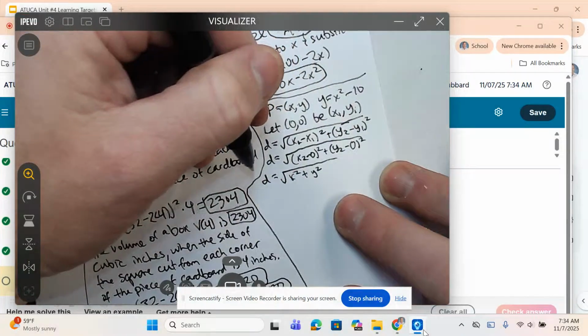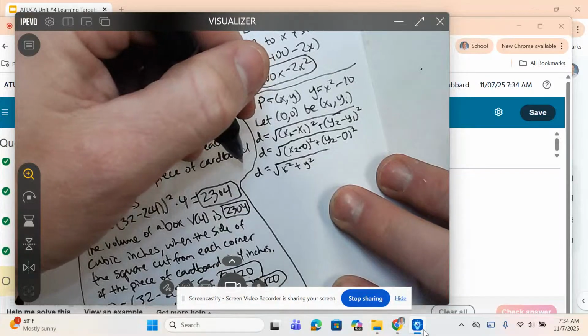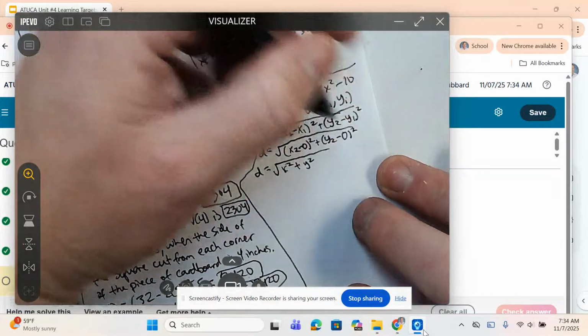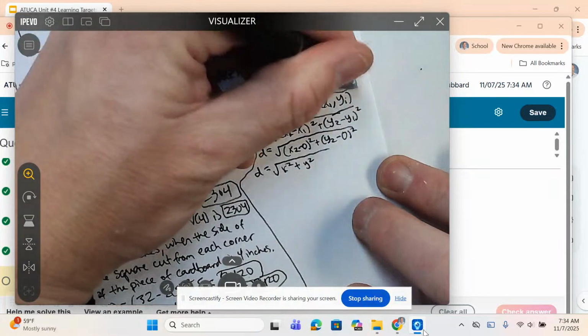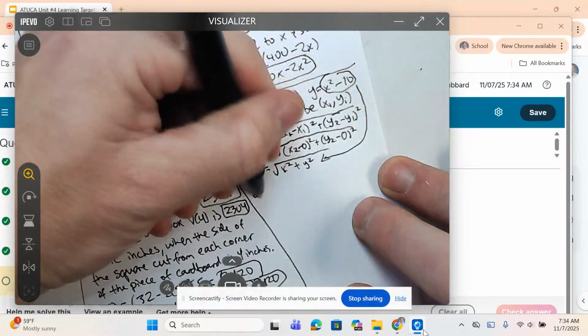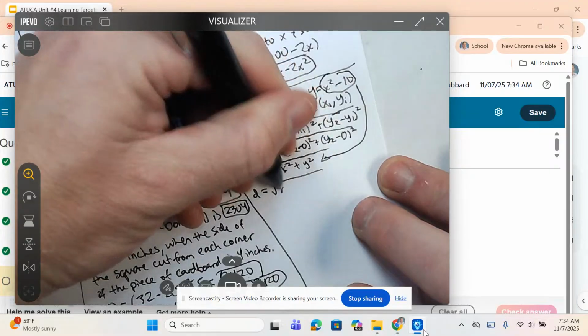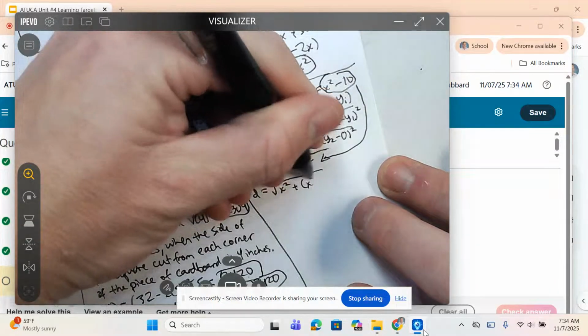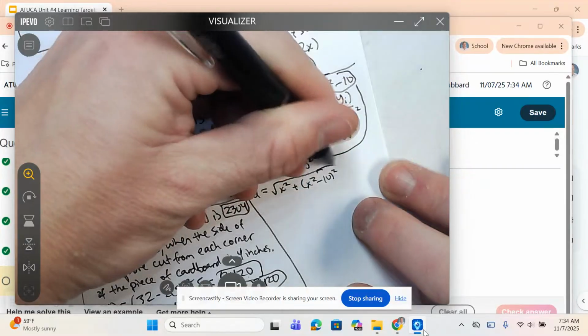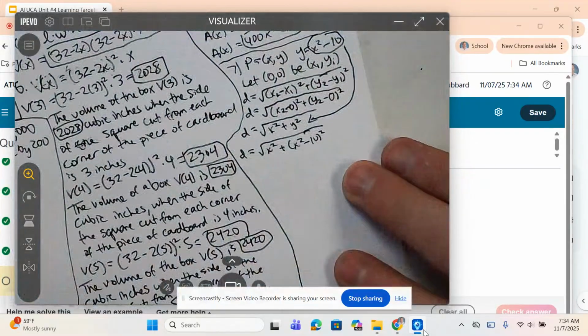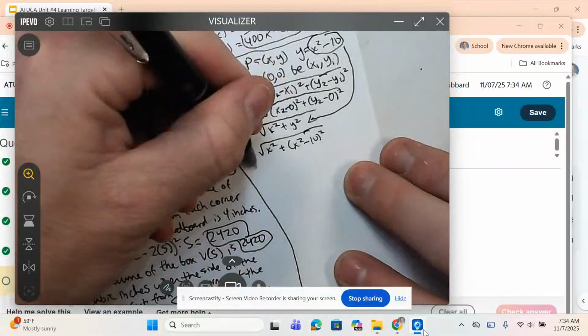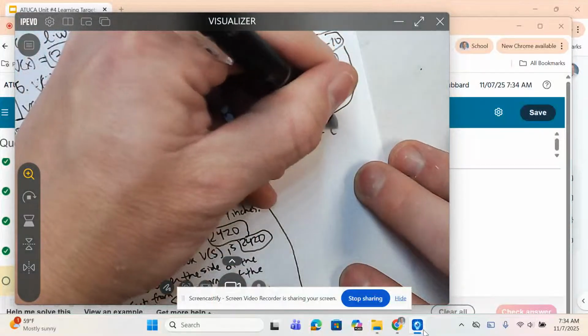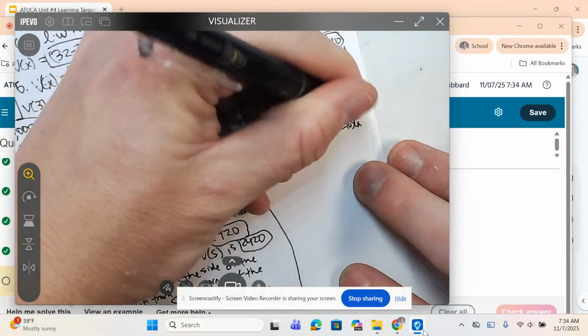Now I need to plug in x squared minus 10 for y. So distance equals the square root of x squared plus (x squared minus 10) squared. Okay, I've got to figure out what (x squared minus 10) squared is. So it'd be (x squared minus 10)(x squared minus 10).